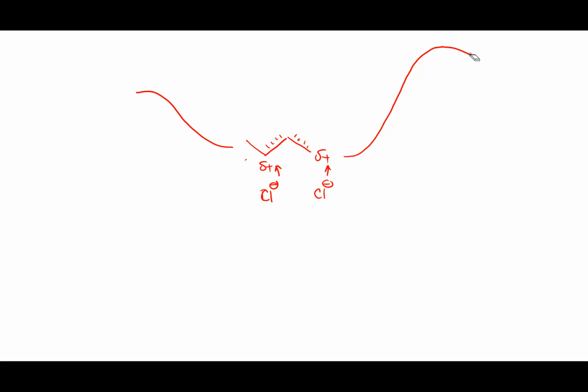Okay, so the less stable transition state is going to be with the primary. The more stable transition state is with the secondary. Why is that important? What is this? Those are the activation energies.